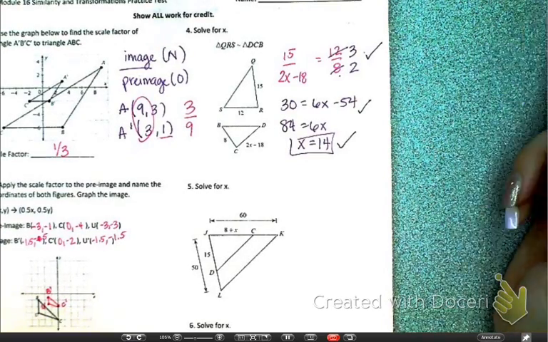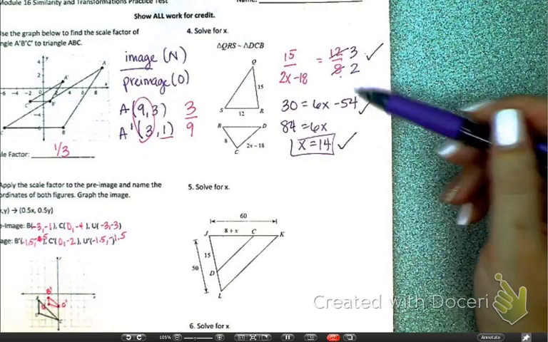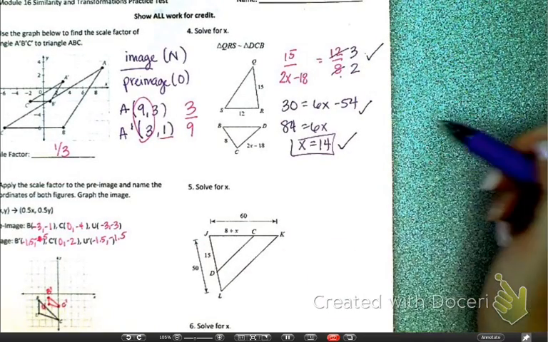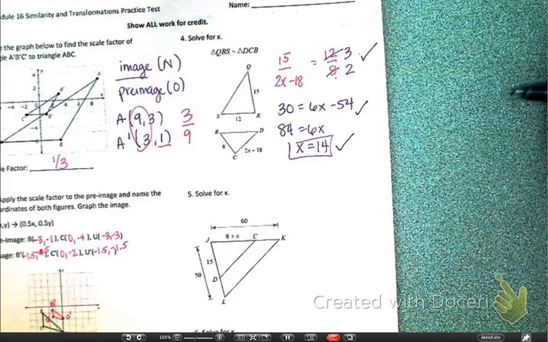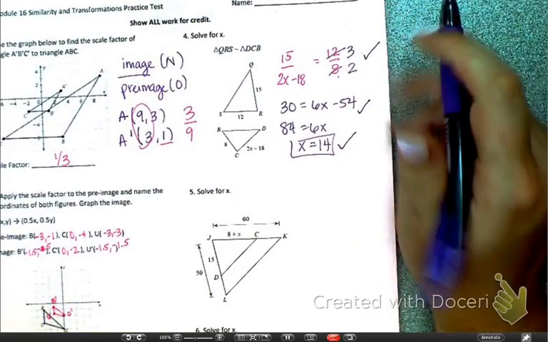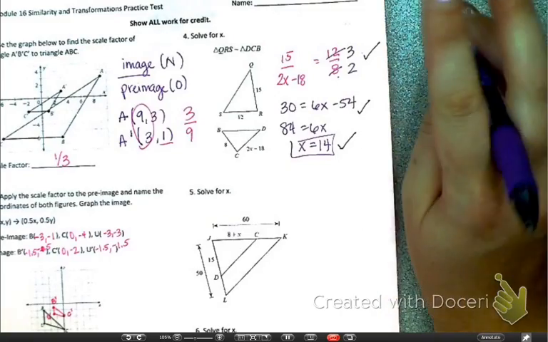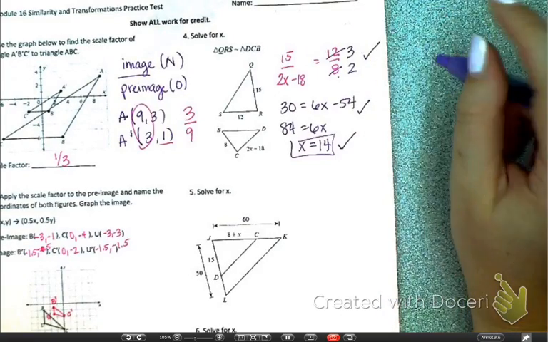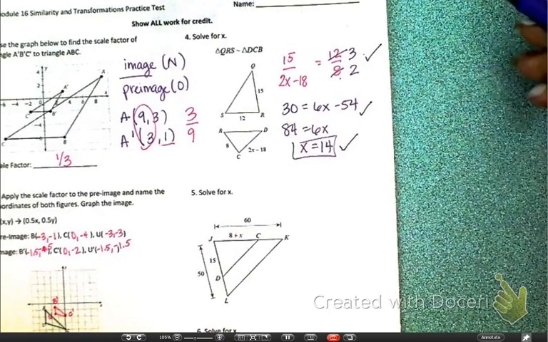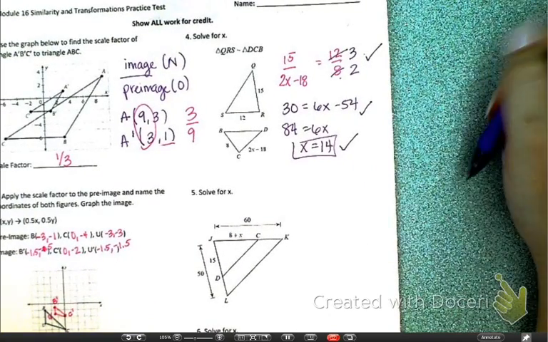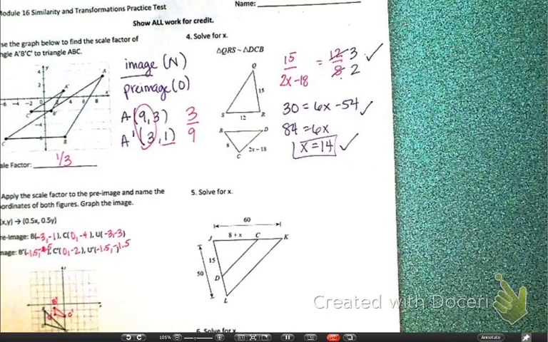So if your proportion's slightly different, depending on what it is, it should still work out. Your proportion can be completely upside down. You could have compared two different things. I've been very consistent about comparing the small triangle to the big triangle because you have to do that on the back side when we're trying to figure out if the triangles are similar. So I'm trying to be very consistent with that.